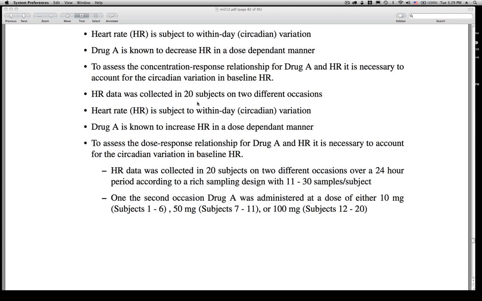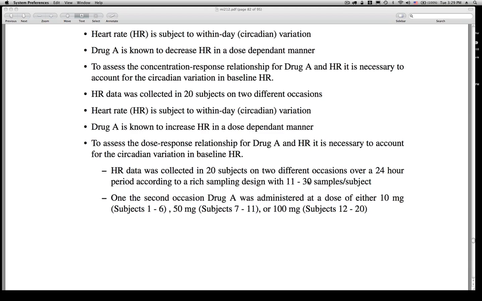So in this example, heart rate was collected in 20 subjects on 2 different occasions. There's circadian variation in the heart rate baseline. Drug A increases that dose dependently. And so to assess that relationship, we're going to account for this. And we have a pretty rich sampling design.